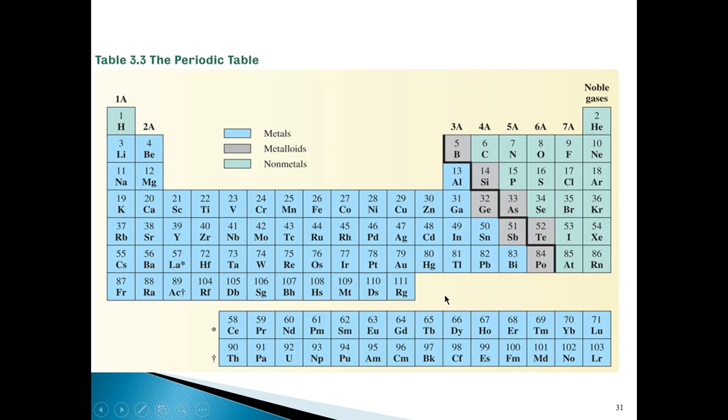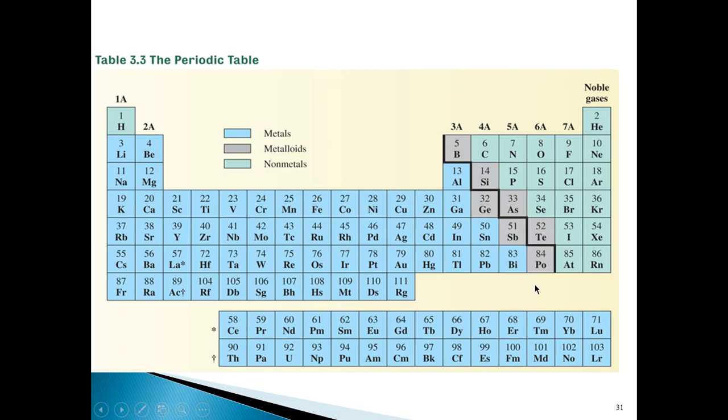All right? And you'll notice that there is a dark line here, which you'll find in most legitimate periodic tables, which basically represents the line of demarcation between metals and non-metals. So the metals are basically to the left of that line, the non-metals are to the right of that line, and then we have a few elements that are basically bordering that line: boron, silicon, germanium, arsenic, antimony, tellurium, and polonium.